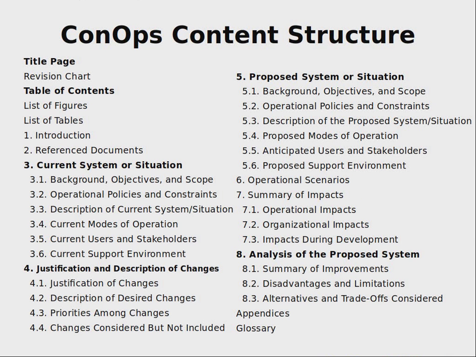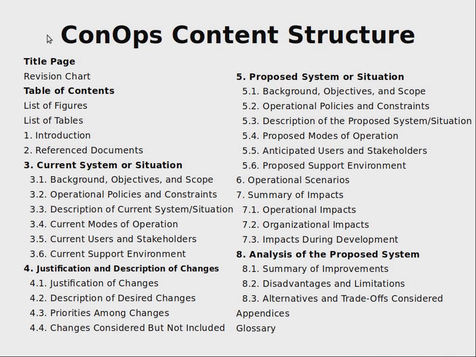And here is overview of this concept of operations structure. So here are introduction parts like revision chart, because as I told you, I will be surprised if you make a concept with just one draft and this draft becomes the final one.